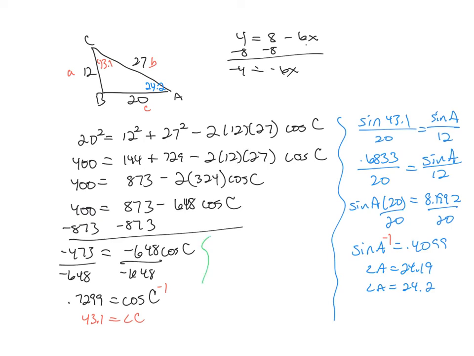All right, we're in the home stretch. Find the third angle, 43.1 plus 24.2, 67.3. 112.7.